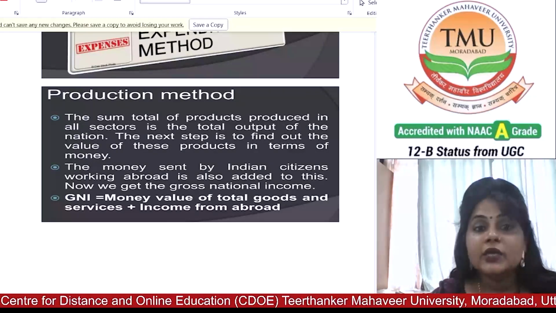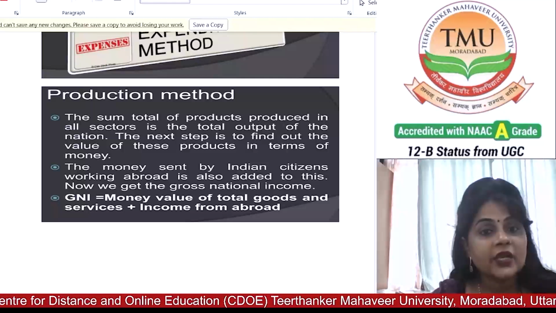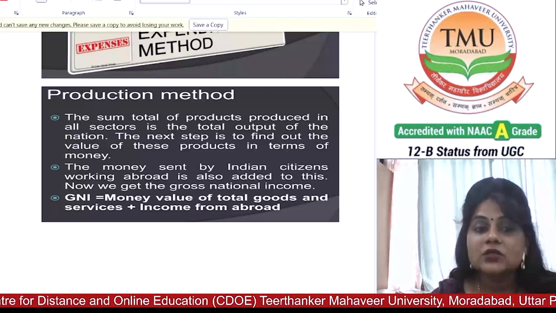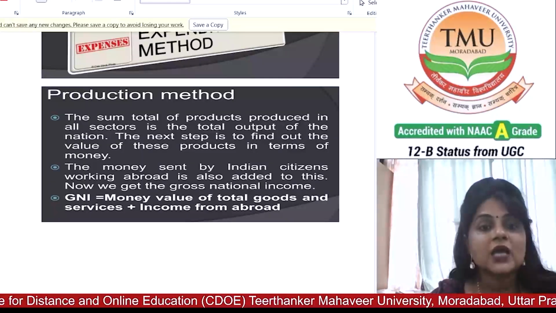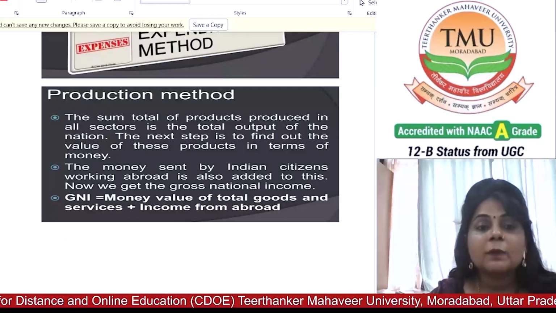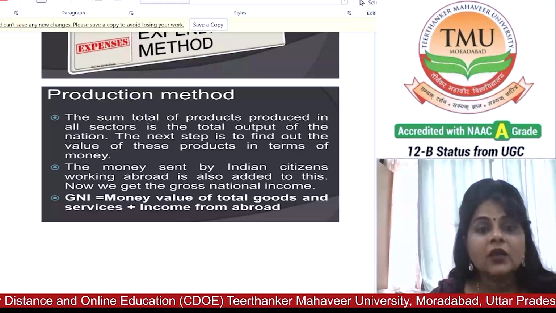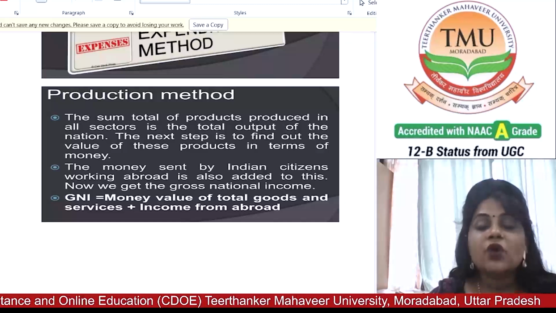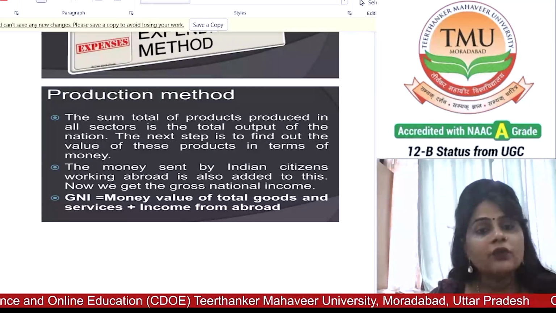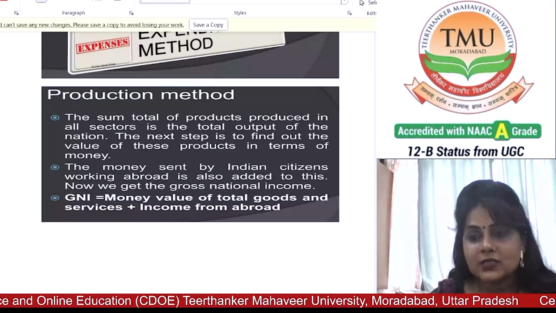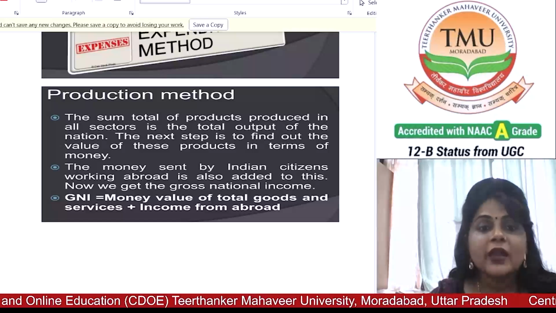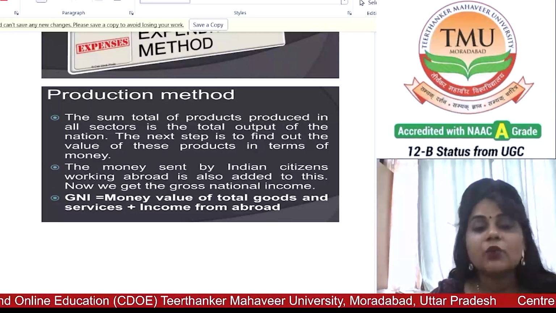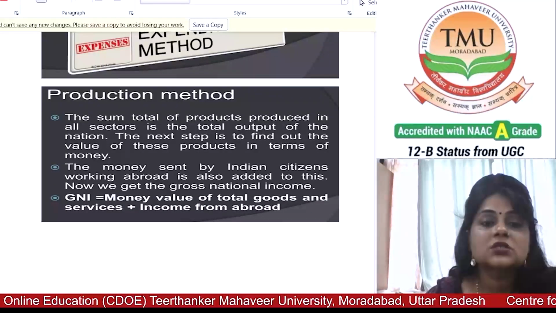In the above example, flour is the intermediate good as it is used as a raw material for the production of the bread. However, any kind of machinery used for baking bread will not be considered as intermediate consumption, as its value will be merged with the value of final goods.